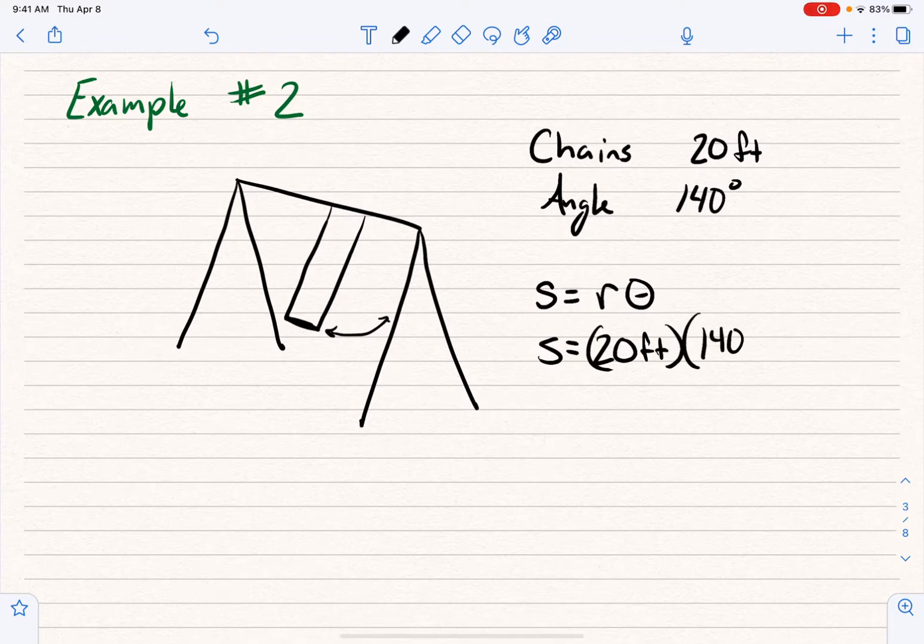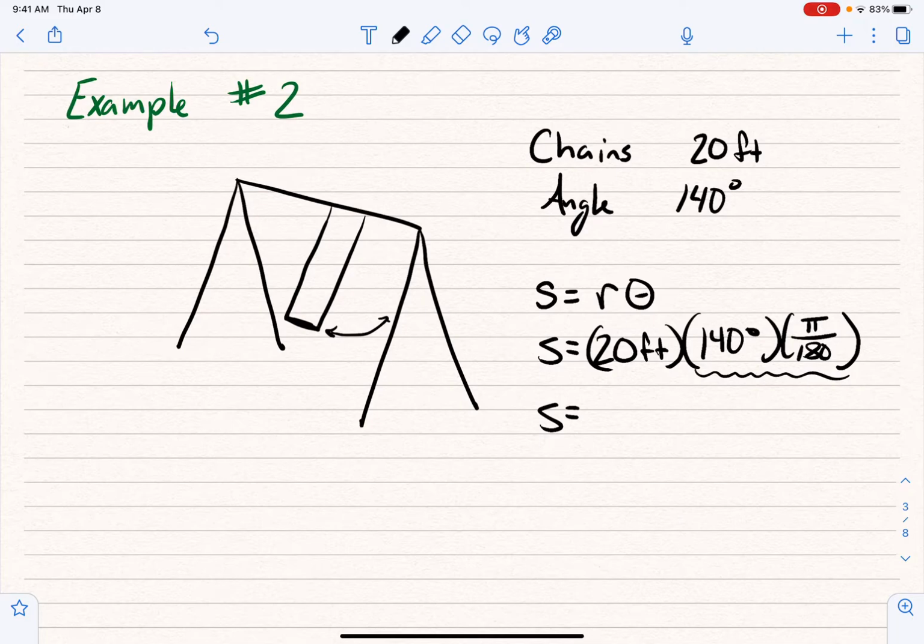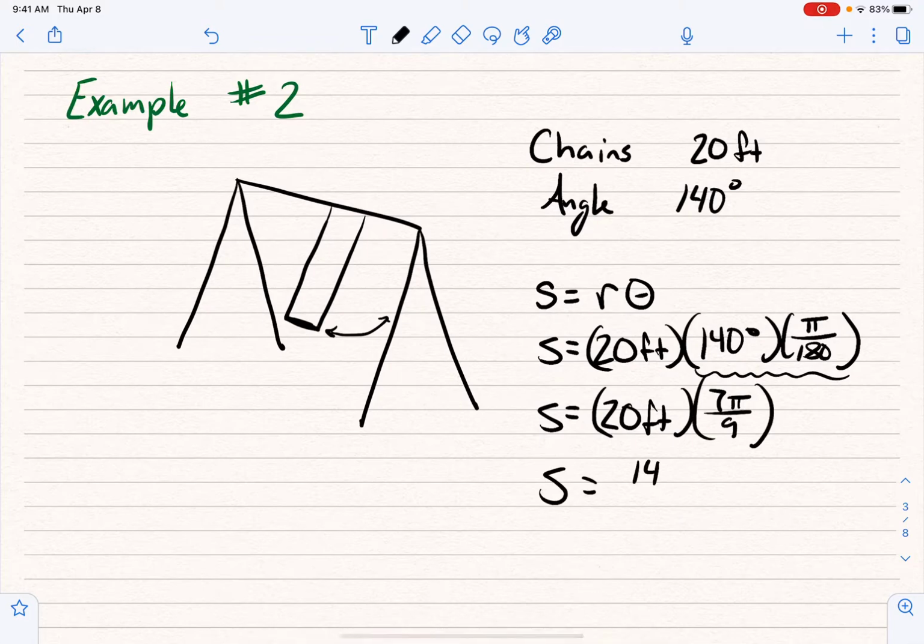Now, 140 is not on our unit circle, so we have to multiply that by pi over 180. We'd have 140 pi over 180. The zeros would cancel out. You'd have 14 pi over 18, which you could get down to 7 pi over 9. So we got 20 feet times 7 pi over 9, and that would give me 140 pi over 9.